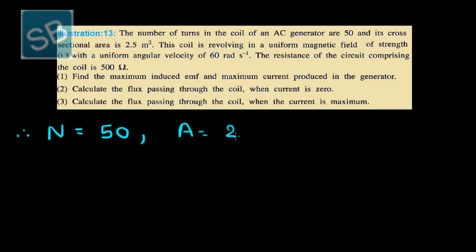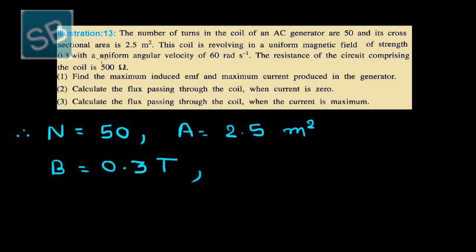Therefore, A is equals to 2.5 meters square. This coil is revolving in a uniform magnetic field of strength 0.3. So here B is equals to 0.3. Here the unit is not written, but you have to understand the unit of magnetic field strength is Tesla.